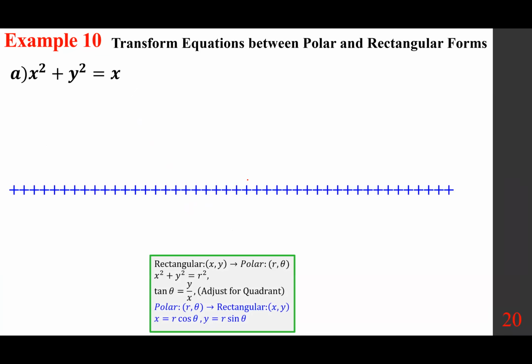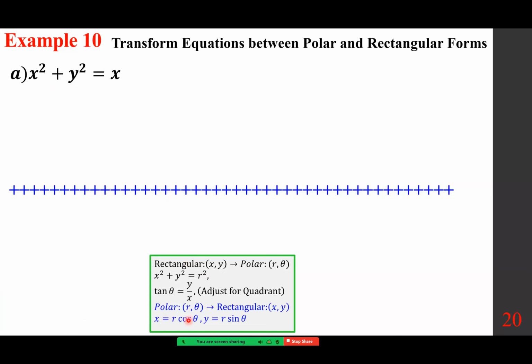Let's transform equations between the two. So this is clearly a rectangular form. Let's take it to a polar form. That's what they mean. X squared plus y squared is r squared.